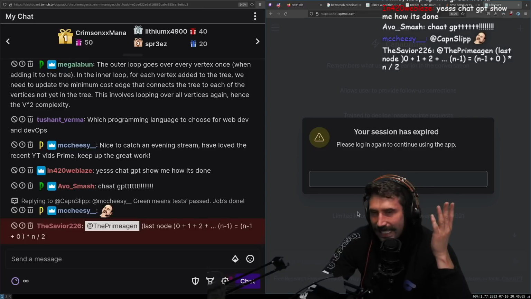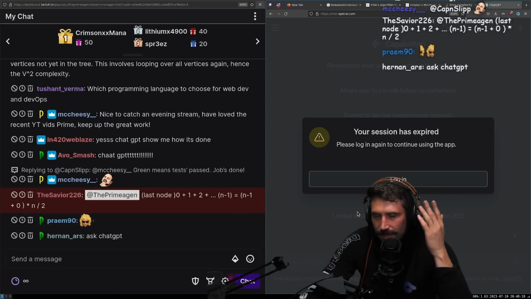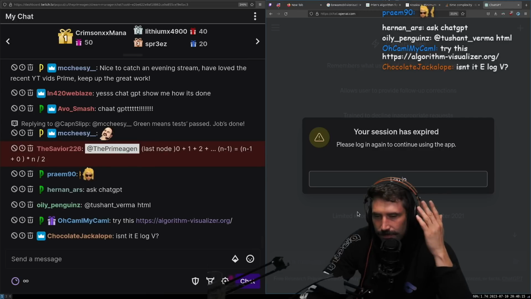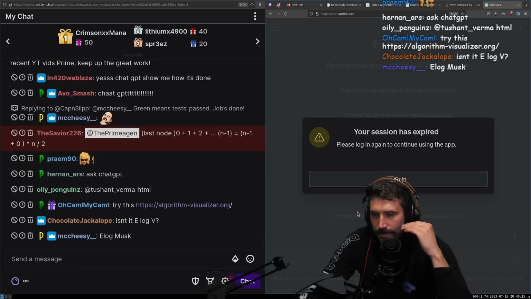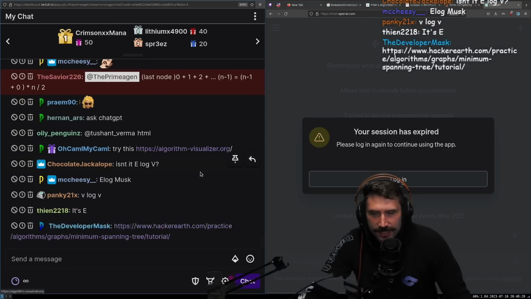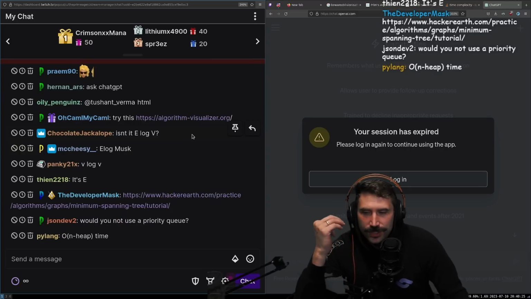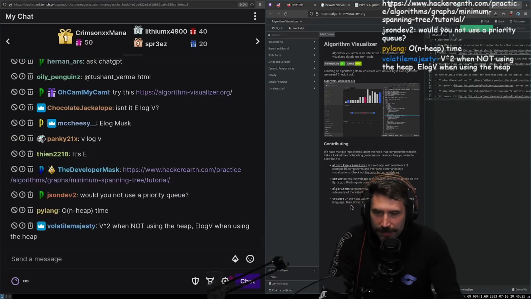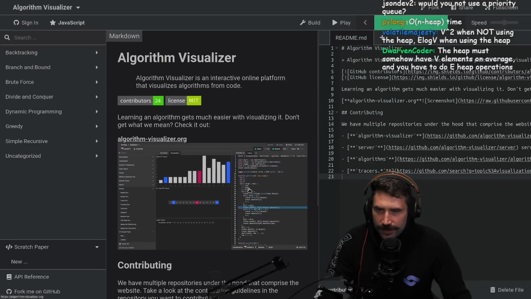It's not really E log E because... I don't want to use this yet. All right, fine, we'll use it. Well, priority queue is the heap. You're using the same term here.